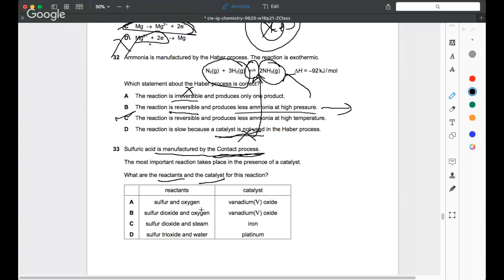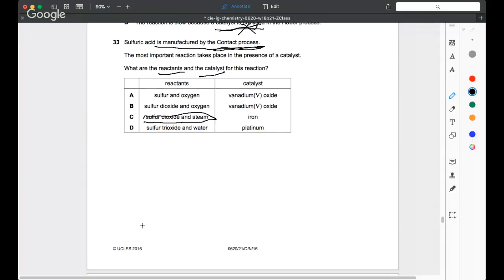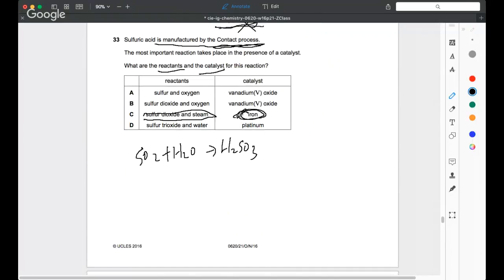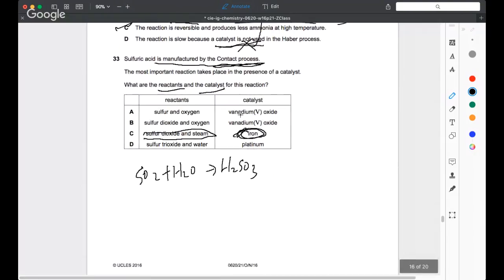If you are familiar with the contact process, sulfur dioxide reacts with steam, which is water, to give you this, and we need iron to be present as a catalyst to lower the activation energy. So the right choice is C.